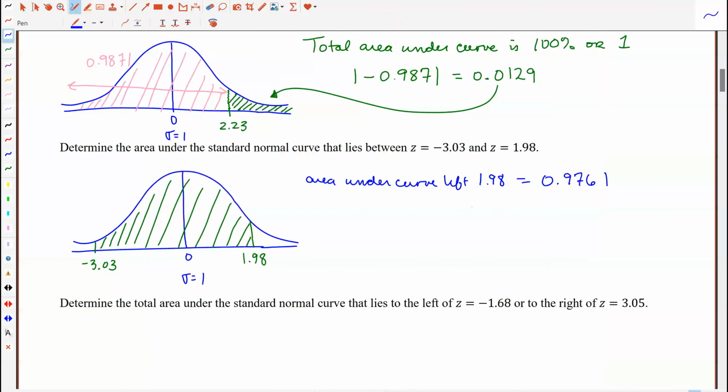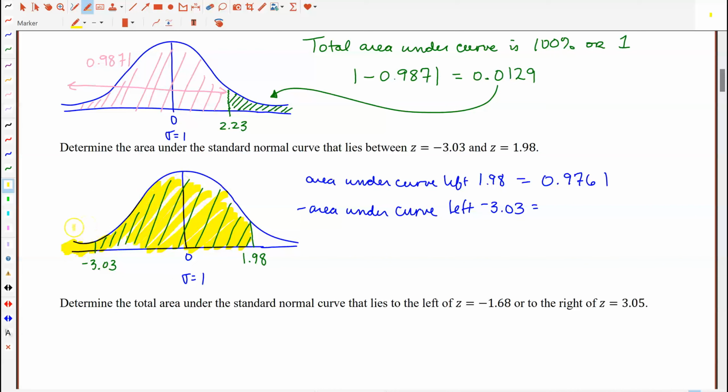So the next thing that we're going to do with that number is we're going to subtract off the area under the curve that's to the left of negative 3.03. And again, the reason why we're going to do that is this 0.9761 that I just found is the area to the left of the 1.98, which includes all of the region that I want, but it also includes this region out here in the tail that I don't want.